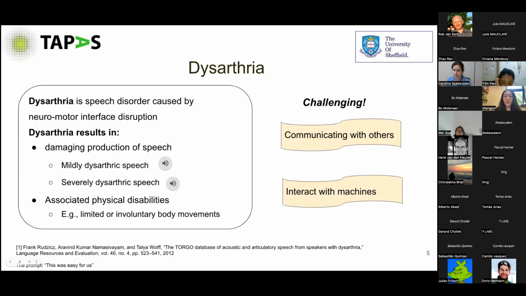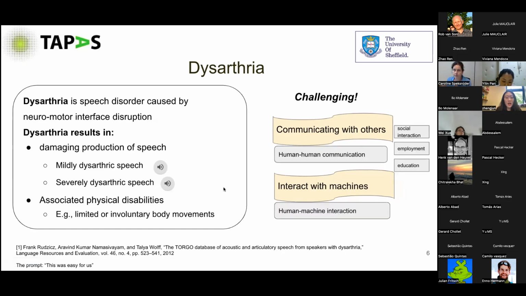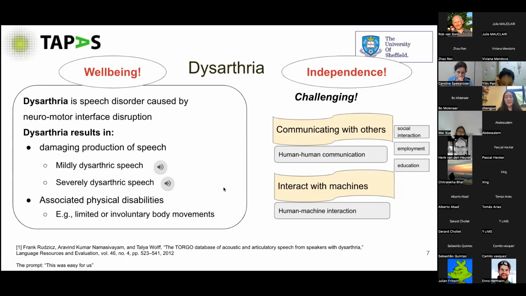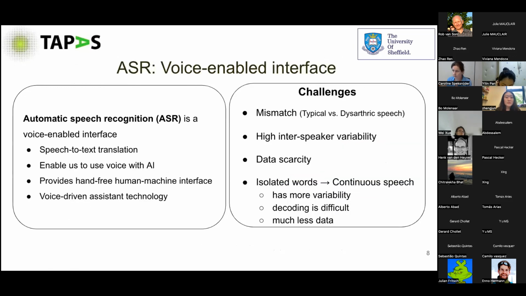It's also very difficult for them to interact with physical devices such as keyboards and touch screens. These problems demonstrate an increasing need to establish systems that can facilitate human-human communication and high-performance human-machine interaction for people with dysarthria, which may improve their well-being and independence.